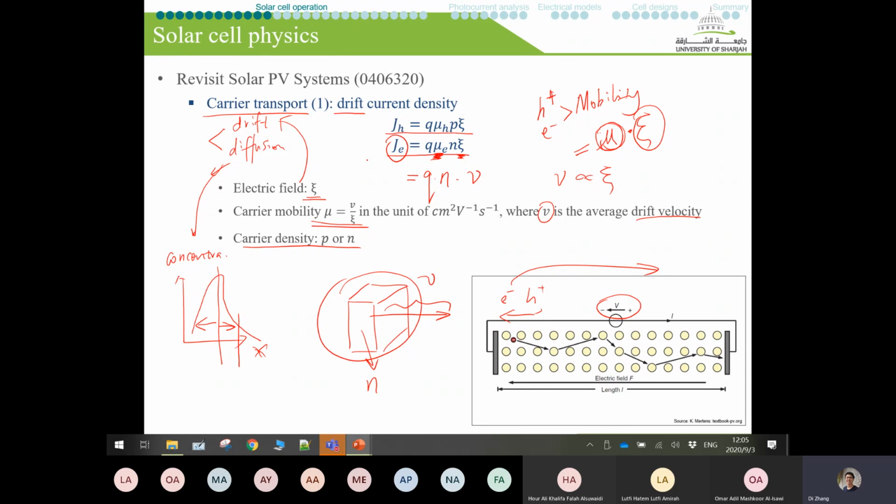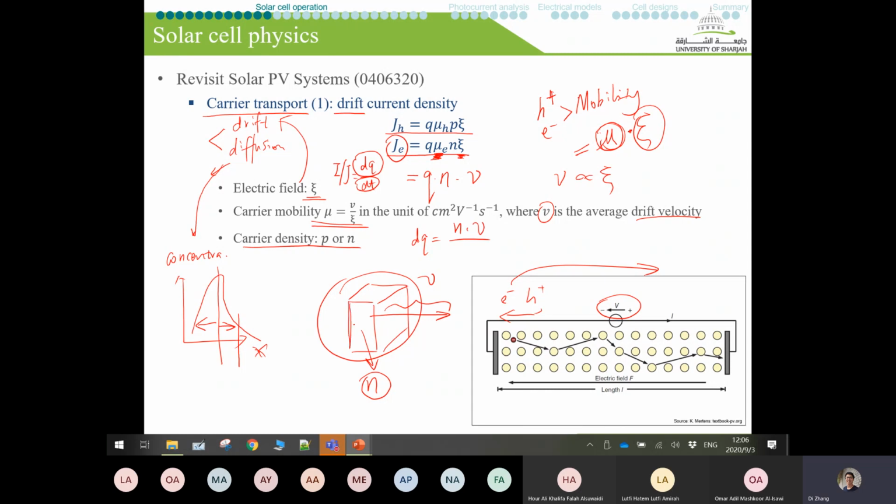So we typically say that current density should equal dq over dt. So the question is, we just need to find how much charge has been displaced during the time dt. Essentially, the amount of charge dq should equal the concentration multiplied by the velocity.